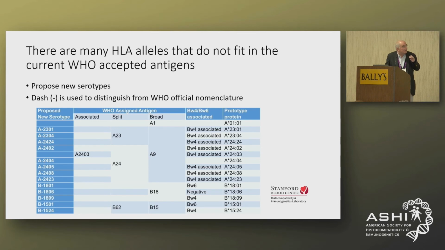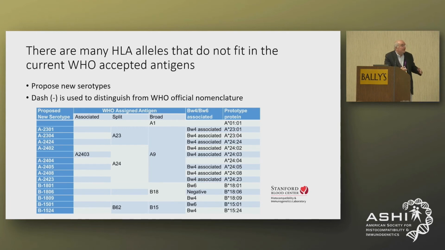Also, we tried to be systematic in naming subtypes. For example, we can distinguish A2403 from A2402, as proposed there. But there is an allele of A2304 that differs exactly by the same substitutions from A2301 at residues 166 and 167.